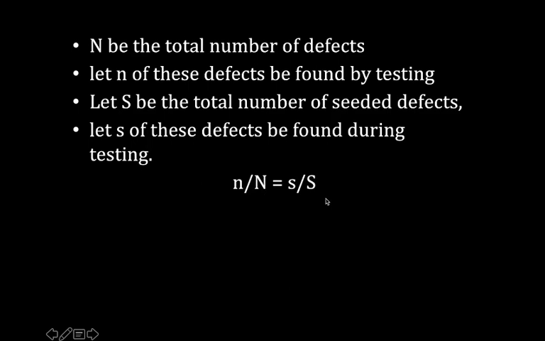So what we do is we try to add some errors into the software. We know what all errors are there, and we add those errors into the software and we will check this ratio.